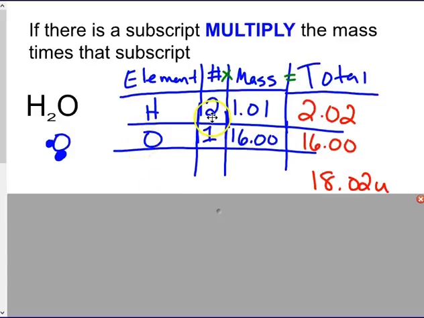My numbers are dictated by the subscripts, 2 hydrogens, so I put a 2 here. I only have 1 oxygen. I put the mass here from my periodic table of the elements, and then I multiply across, where I take the 2 times 1.01, so altogether my hydrogens have a mass of 2.02. Oxygen, 1 times 16.00 is 16.00, so altogether water has a mass of 18.02 AMU.